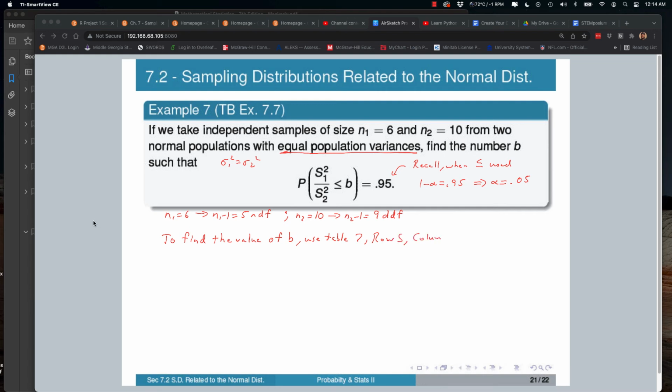And what we're looking for is the value of F, the F quantile that is in the 0.05, comma 5 degrees, comma 9 degrees, 5 numerator degrees of freedom and 9 denominator degrees of freedom in that table. So you'll sometimes see them write the degrees of freedom as a part of the subscript for these things in notations.